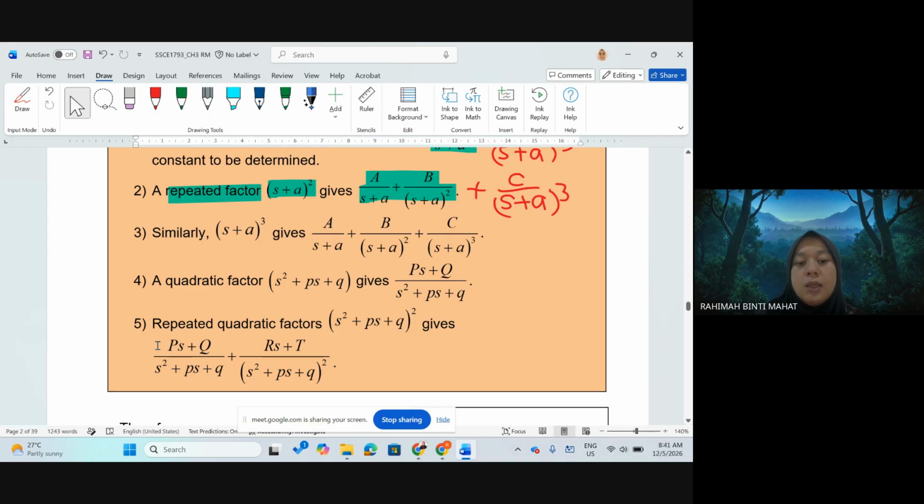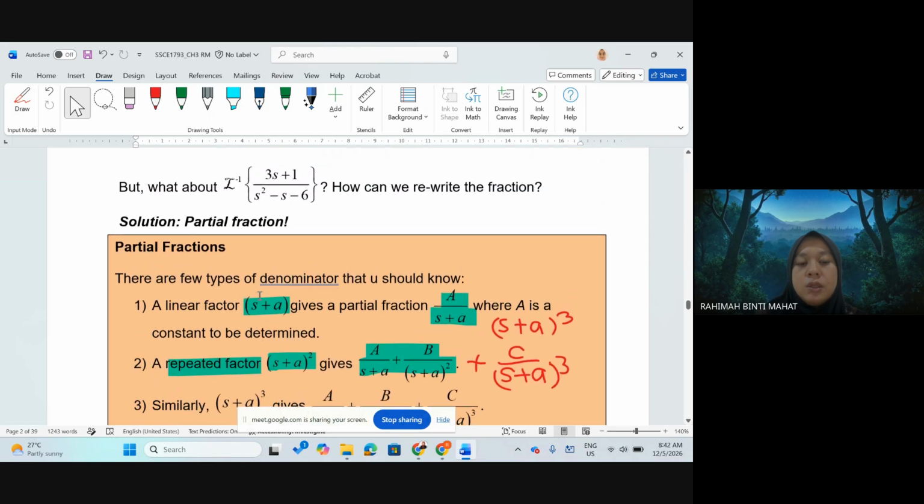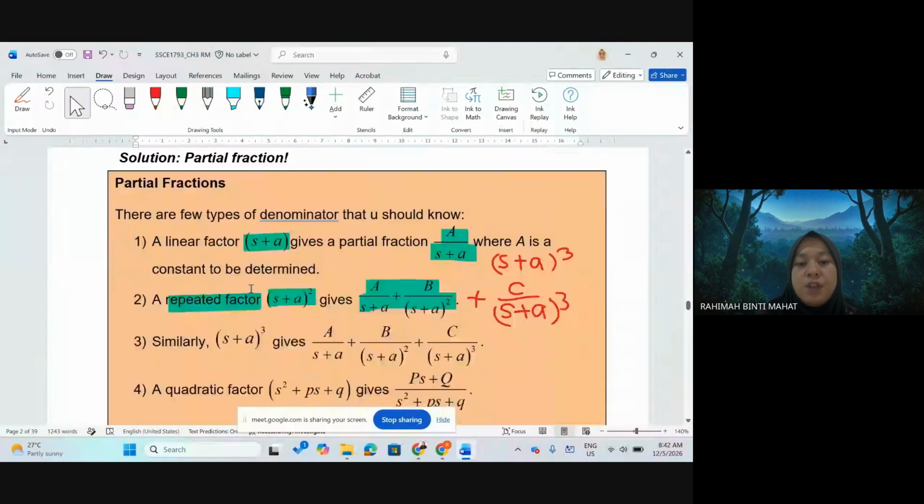And for the repeated quadratic factor, s squared plus ps plus q all squared, you will get something similar to the previous one. For the repeated factor, there is a square, so your highest power of the denominator, you follow up to the square as well. So this one is ps plus q plus rs plus t over the denominator. These are the partial fractions that you should know.